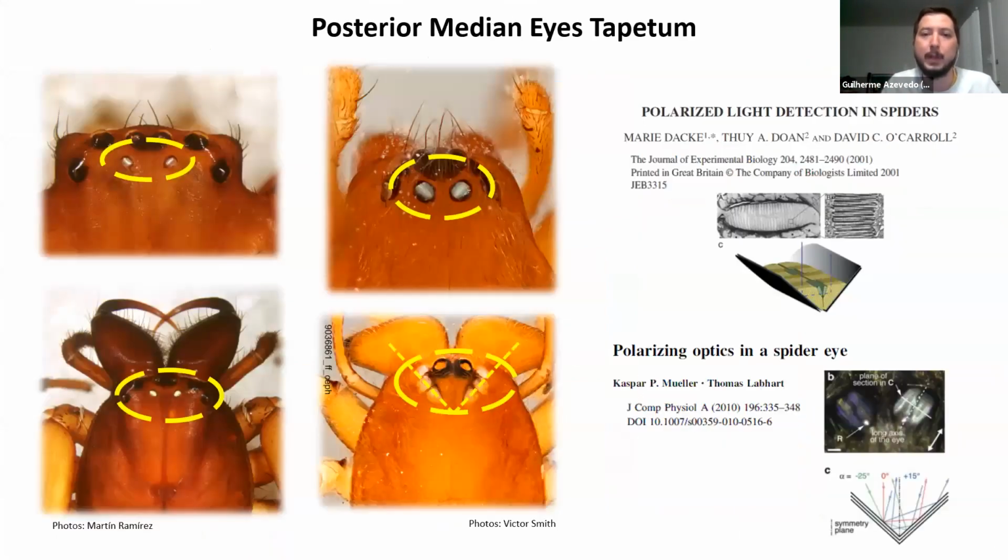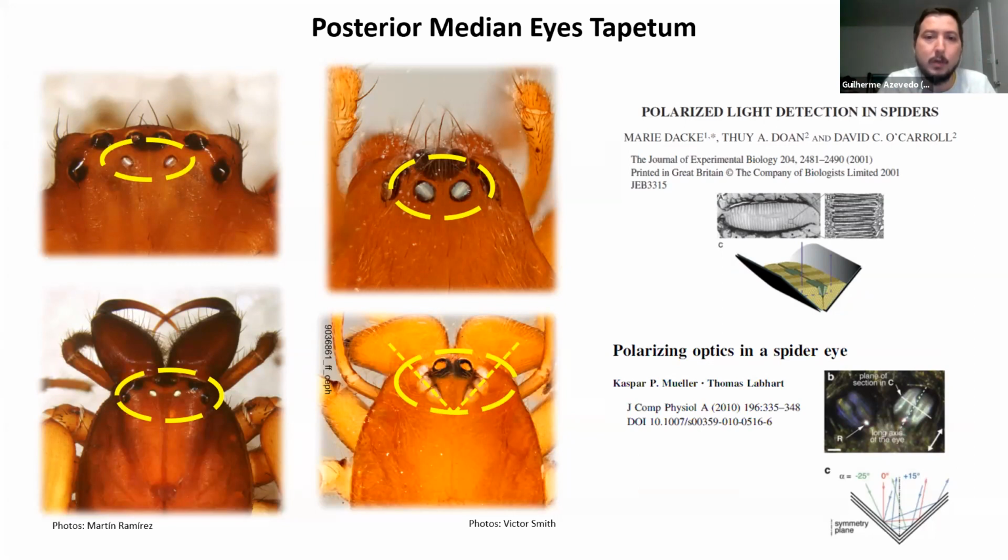For example, the tapetum of Gnaphosids, they're oriented at this 45 degrees, and this probably helps to have a better perception of the polarized light in the sky and to orient themselves. In other spiders, the tapeta are parallel to each other.